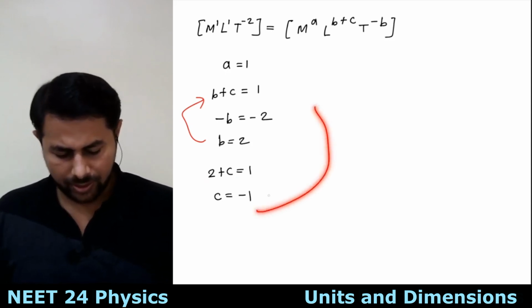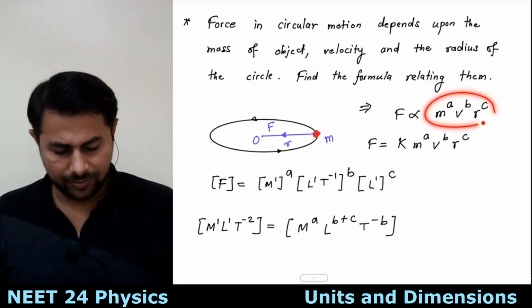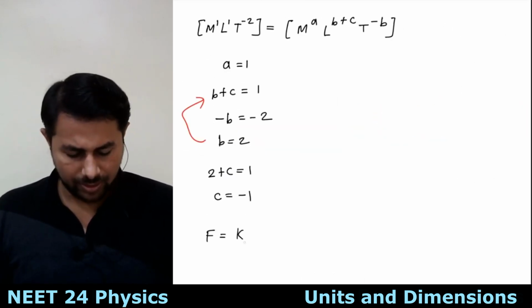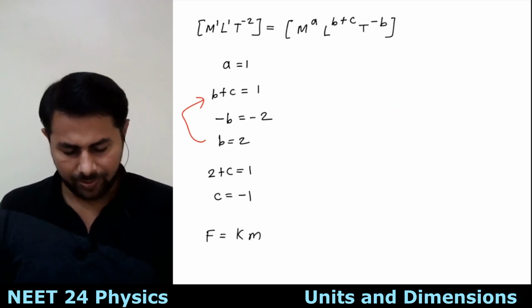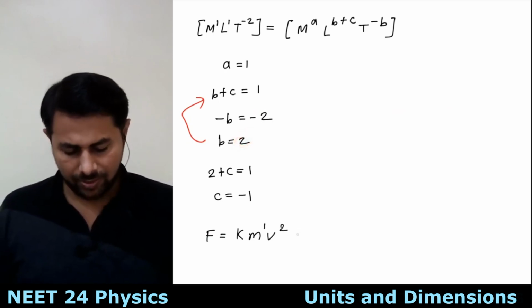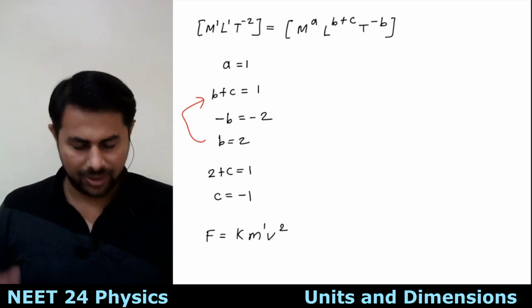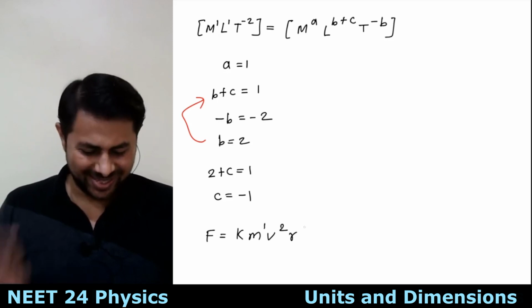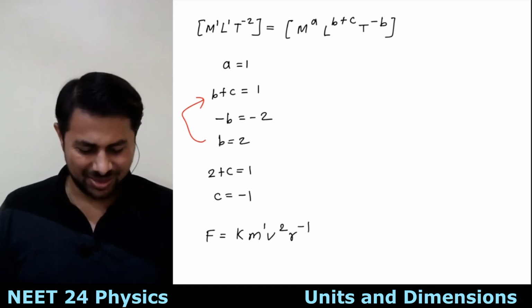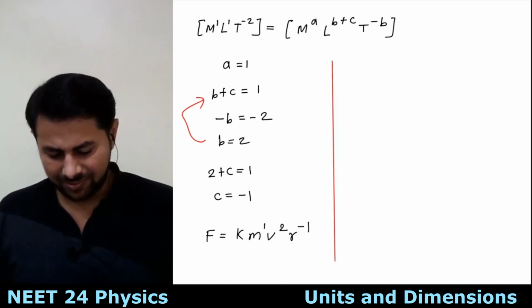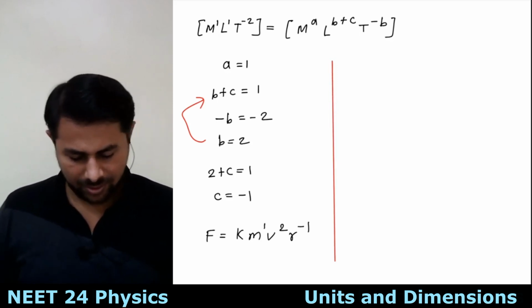Then you put all these a, b, c in this formula. So you get F equals some constant k, M to the power a, which is 1, then v to the power b, b is 2, and r to the power minus 1, sorry, not c, r to the power c, so that's r raised to minus 1.